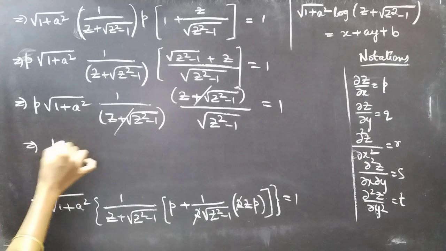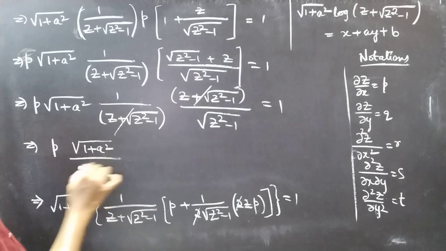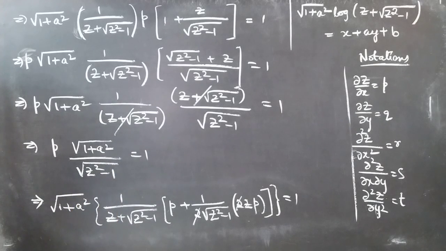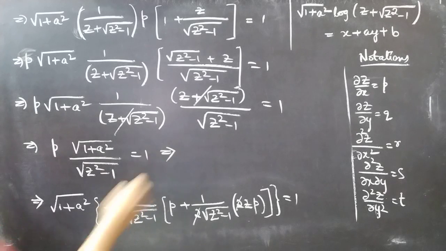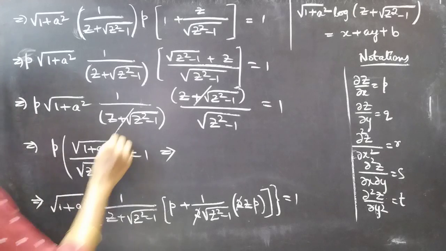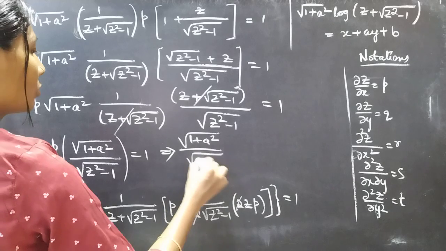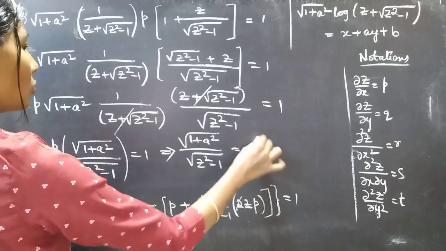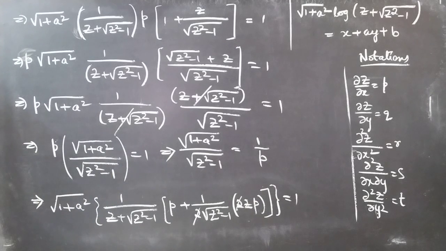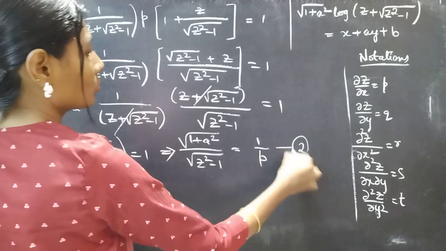You will get p into square root of 1 plus a square by square root of z square minus 1 equal to 1, or square root of 1 plus a square by square root of z square minus 1 equal to 1 by p. We'll just take this p to RHS. Okay, consider as equation 2.